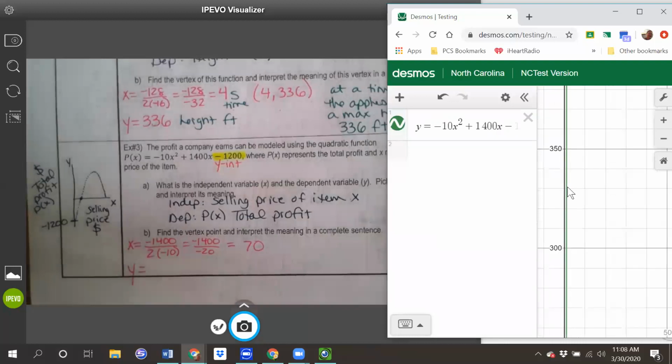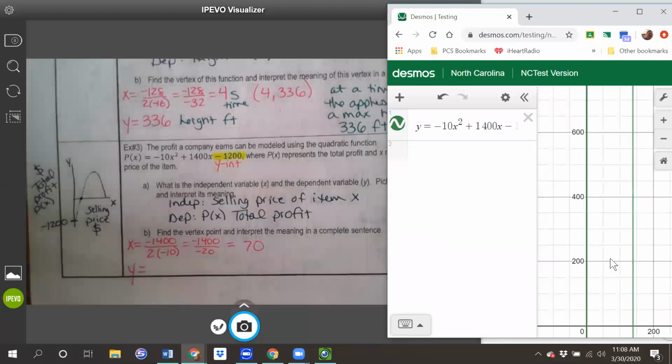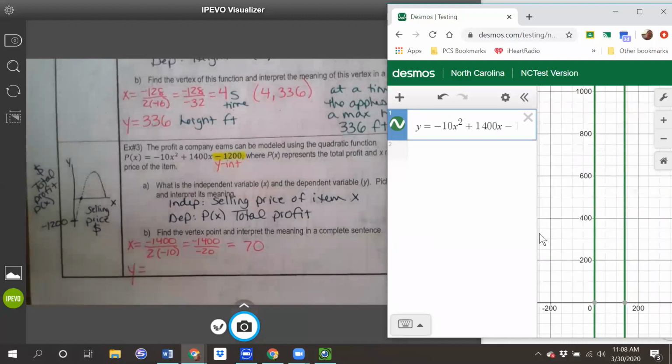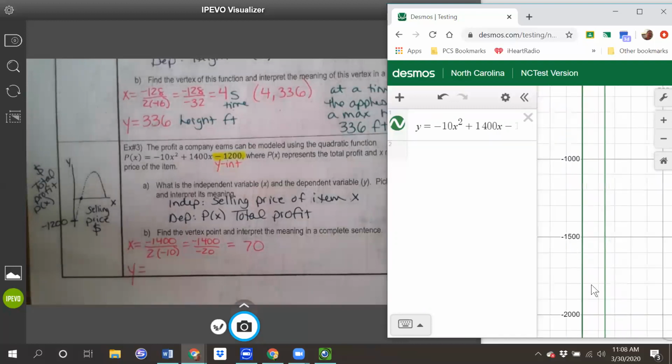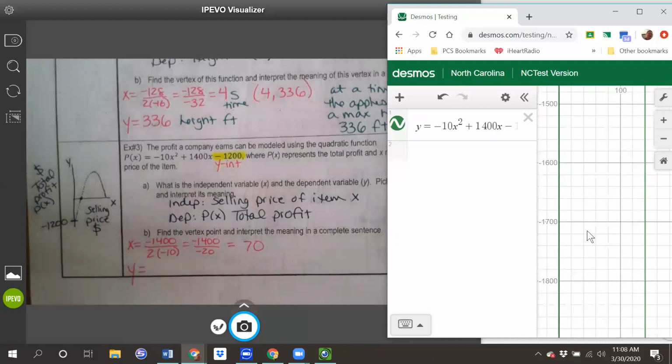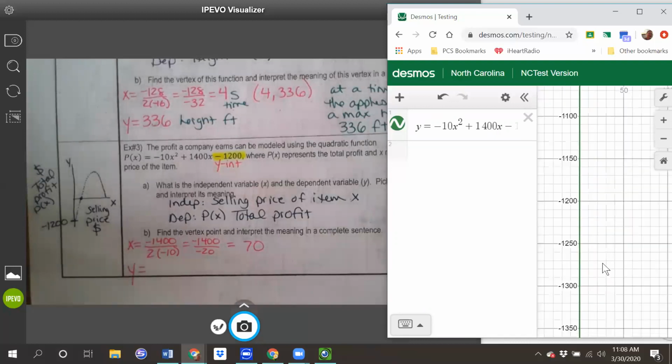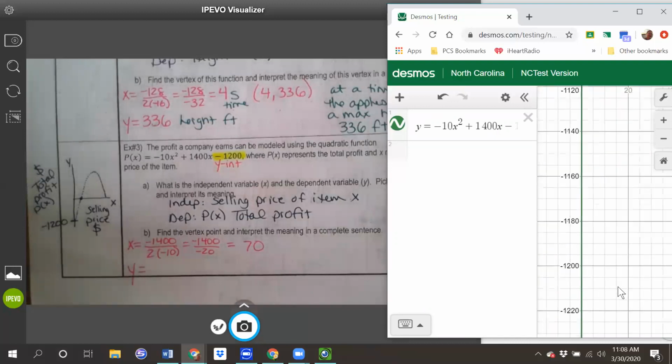Okay, so let's take a look here at the graph. So if I go all the way down here to a negative 1200, you can see that negative 1200, 0 in the X, that is the Y-intercept.